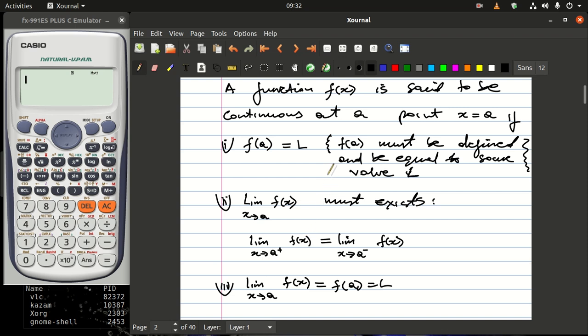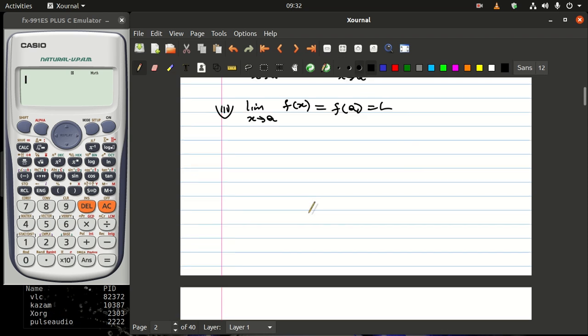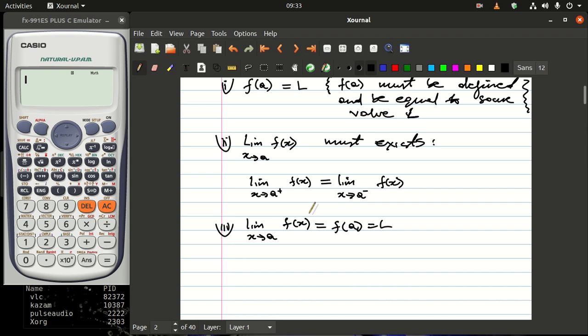If the function is defined at a and the limit exists and is the same value, then we say the function is continuous at that point. That's the definition of continuity.